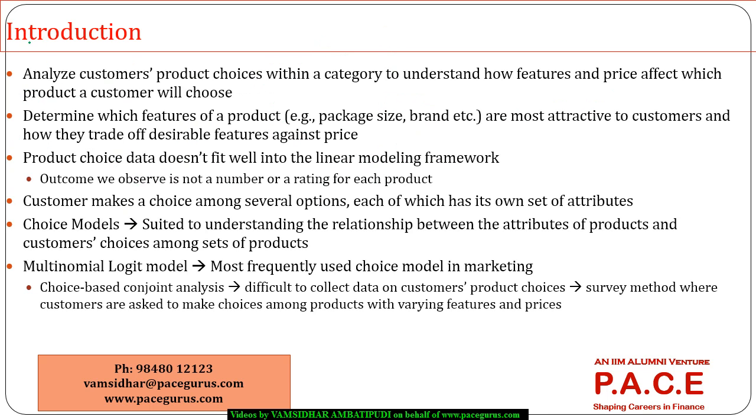So just getting in, when we are talking about choice modeling, I'm looking at the product choices of the customer. Now I have different kinds of products. Probably I'm talking of bikes or cars.